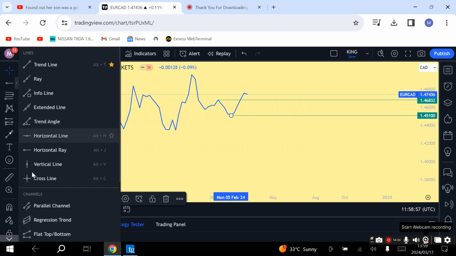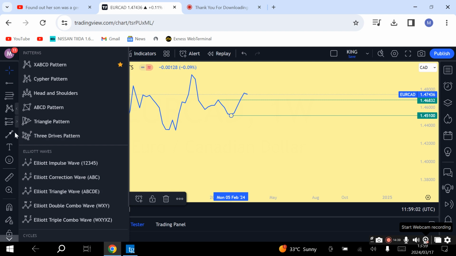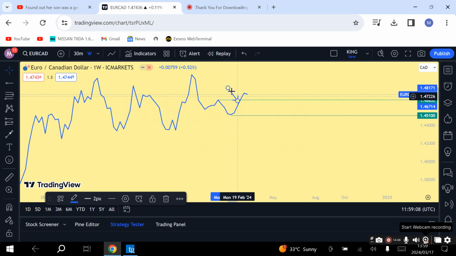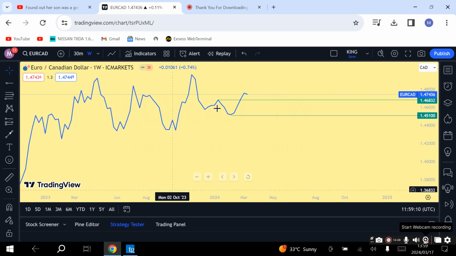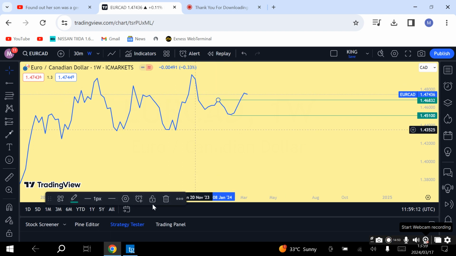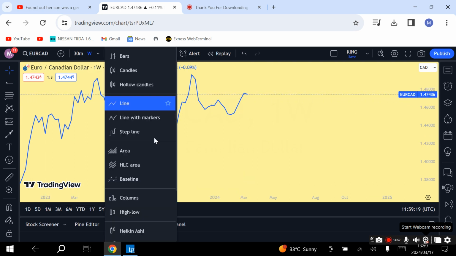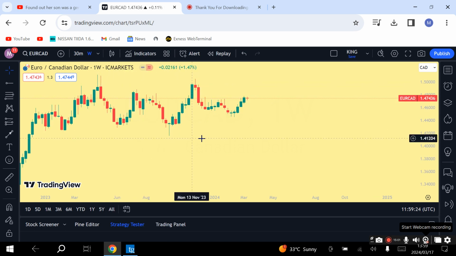Okay, anyways, up until right there, boom, we broke and closed above, so we started moving bullish, right? We started moving bullish, and that was it. As soon as we were bullish, we were bullish.